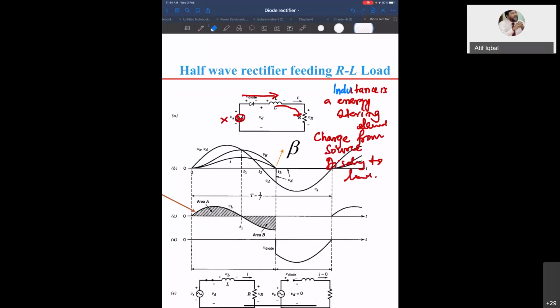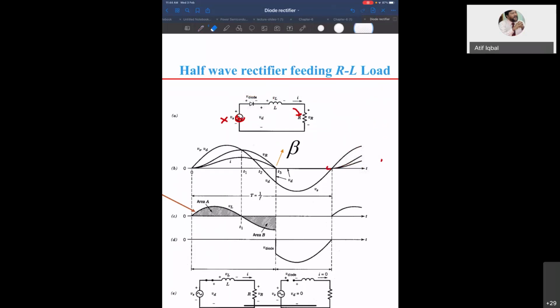You see, we have to understand the waveforms. This is my source voltage, which is a sine wave.